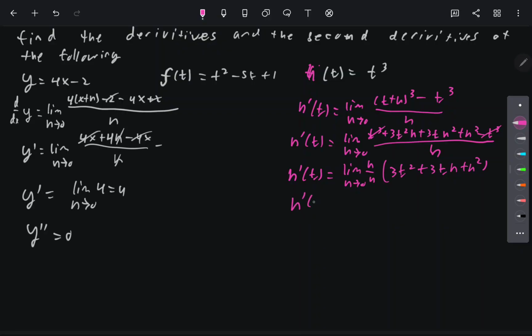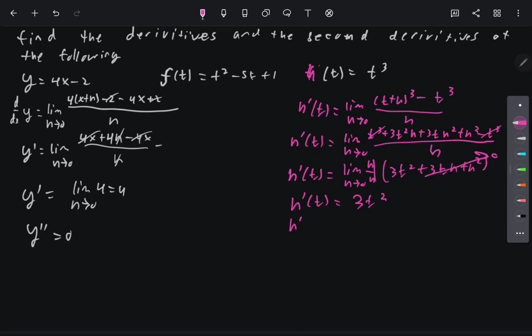Well, because h over h is just 1, we can now just evaluate the limit. All of this stuff over here goes to 0, so we're just left with 3t squared. Alright, well that's a challenge. Now we have to differentiate this.